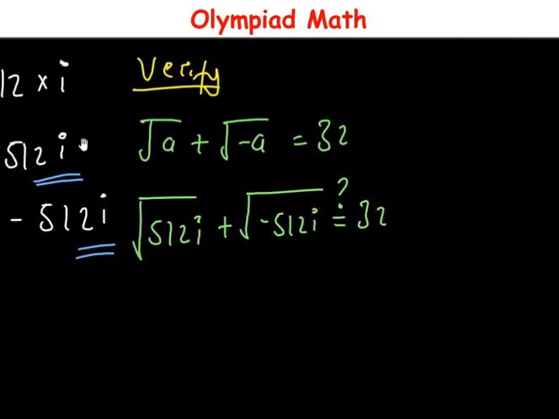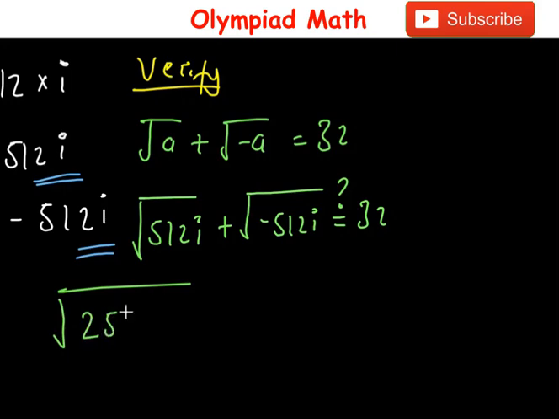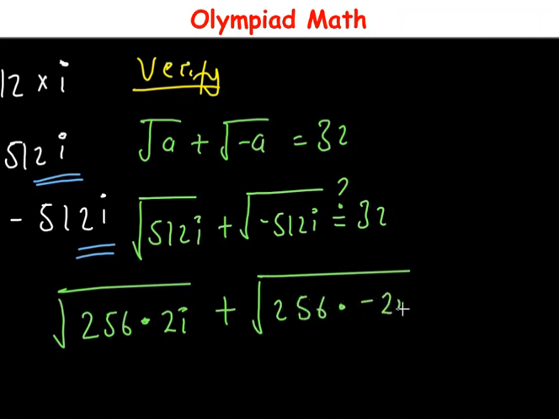So from this, we can write root 512i as root 256 times 2i, plus we can write root minus 512i as root 256 times minus 2i, and is this equal to 32?